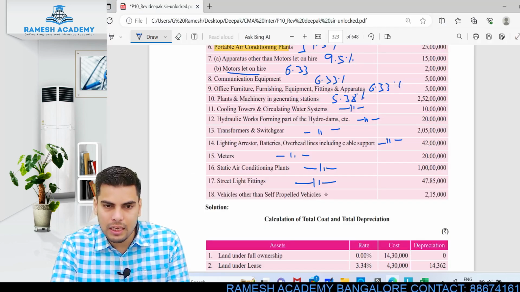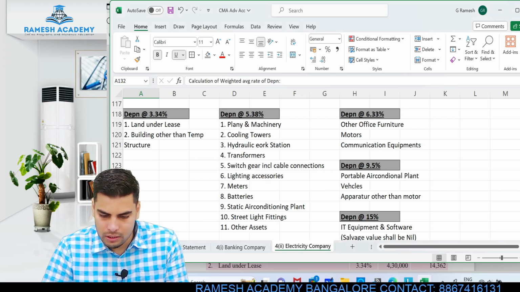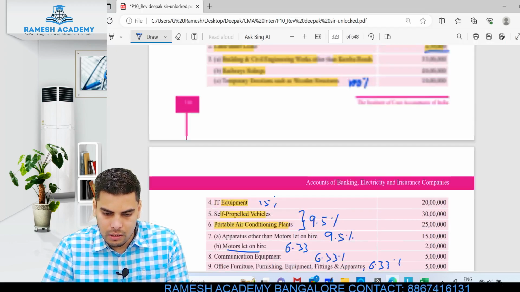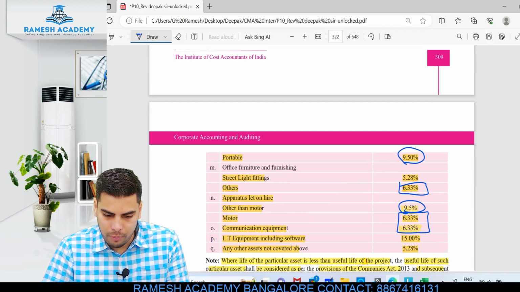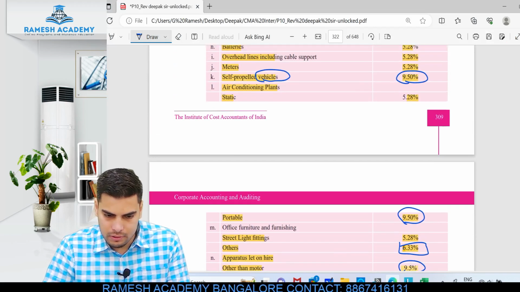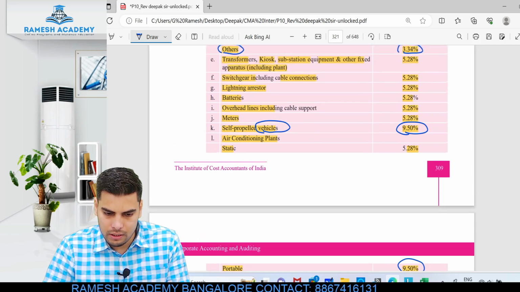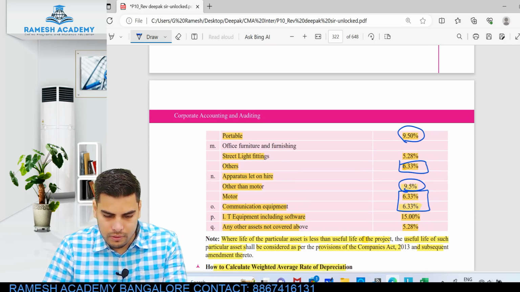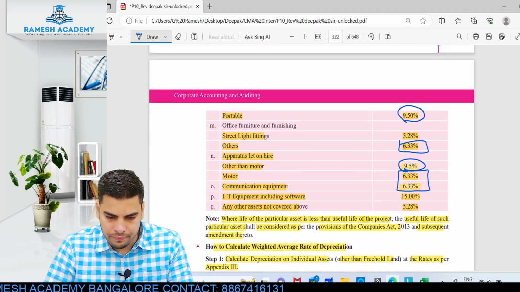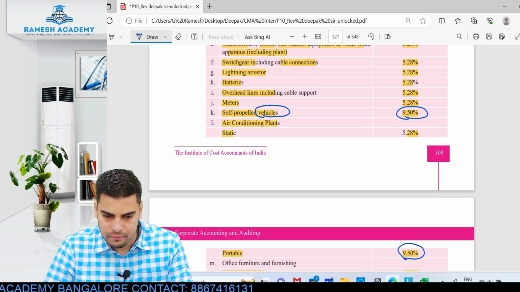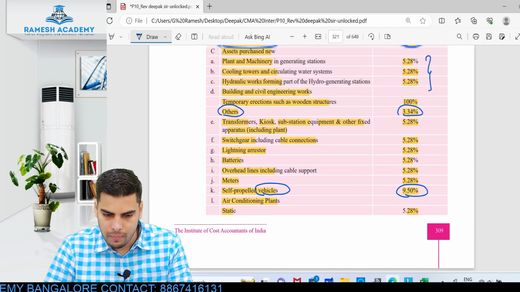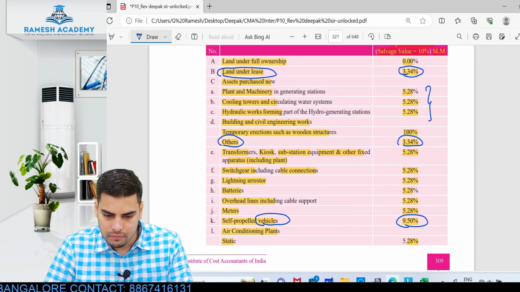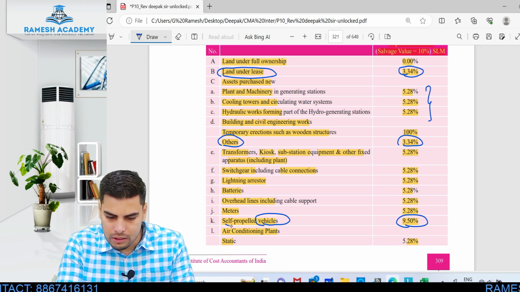Vehicles other than self-propelled vehicles. Look at this, when it comes to vehicles other than self-propelled vehicles, here it is. I'll just show you guys. Yeah, look at this.